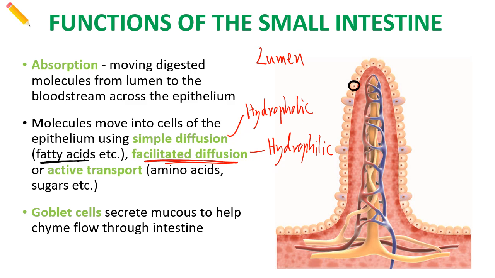There's also one other type of cell that I didn't mention earlier. It's these larger ones out here that are part of the villi. They're called goblet cells. And goblet cells' job is to secrete mucus into the small intestine, and the mucus helps all the chyme, or the semi-digested food, to pass through nice and smoothly.